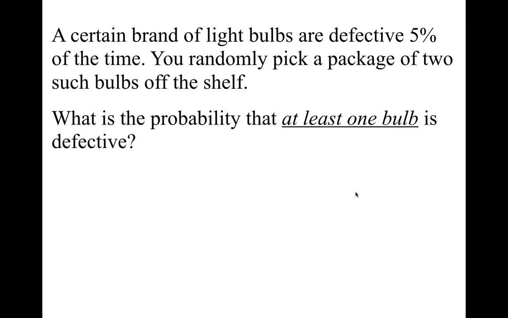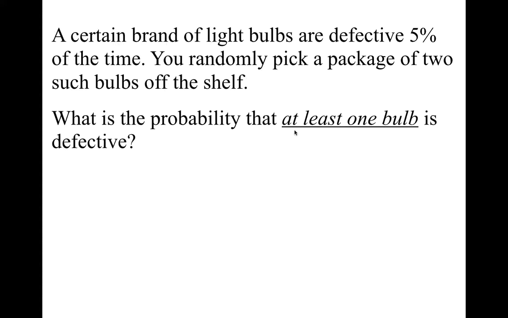Okay, so let's look at this. What is the probability of a bulb not being defective? We know the percentage of a bulb that is defective is 5%. What's the complement of that? 0.95. So there's a 95% chance that you will be picking a non-defective bulb. We need to use that.